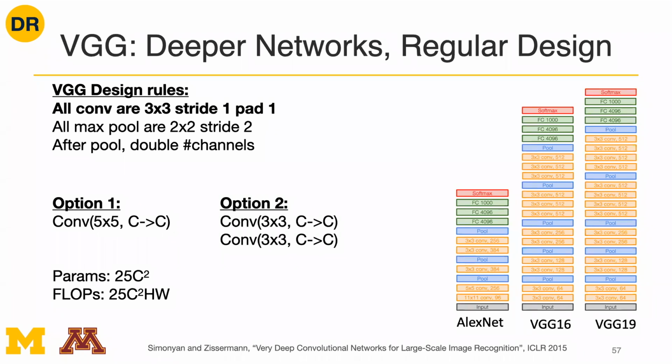Whereas in option 2, we have 2 convolution layers, 3x3 followed by 3x3, which means you have 3 plus 3 minus 1, so you end up with the same receptive field. Now, if you look at parameters here, this is 9C times 2C, so it is 18C squared, and the flops is 18C squared HW. Is that clear? How did we come up with that number? Sorry, 9. Yeah.